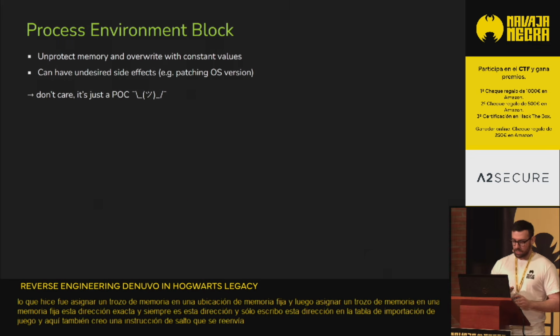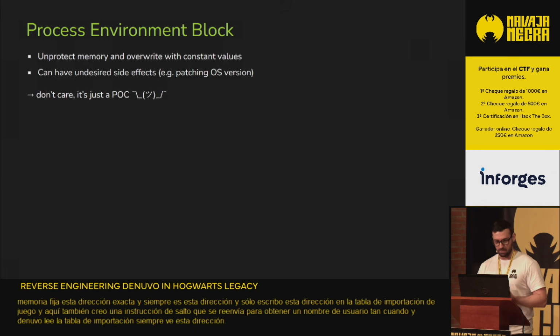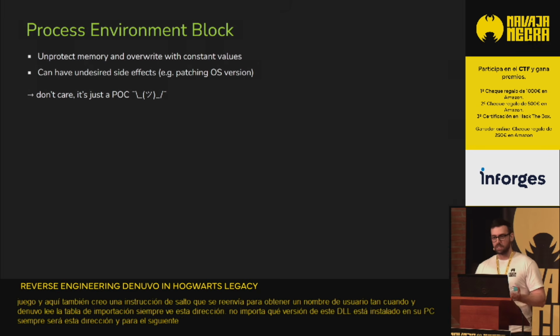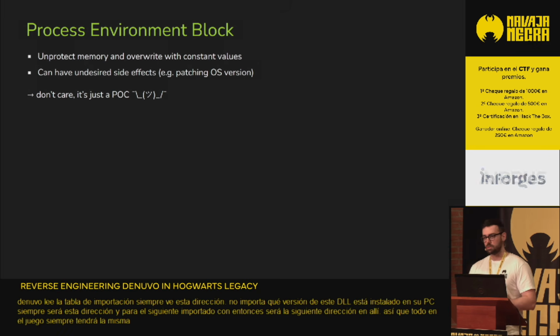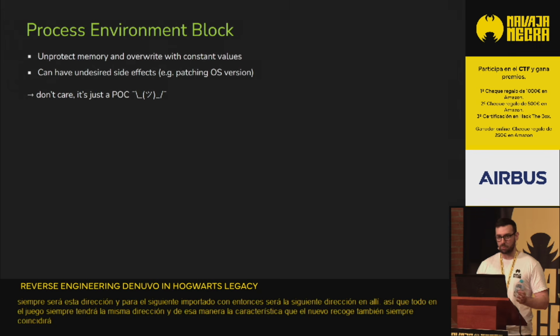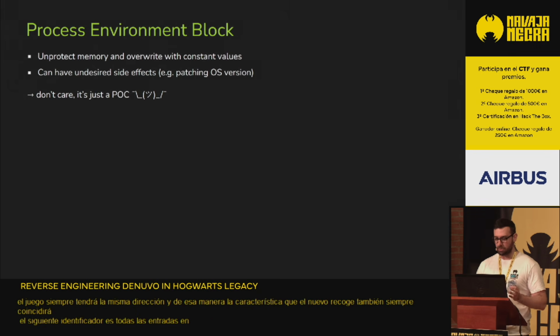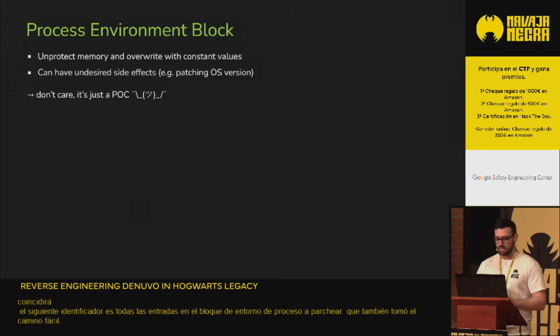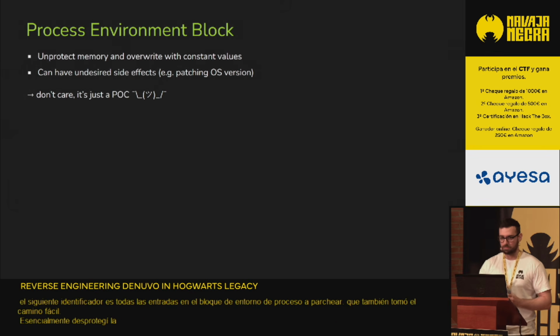The next identifier is all the entries in the process environment block. To patch that, I also took the easy route. I essentially unprotected the memory and overwrote all the data with constant values. So for example, the OS version that's stored in there, I just wrote the OS version of my PC.